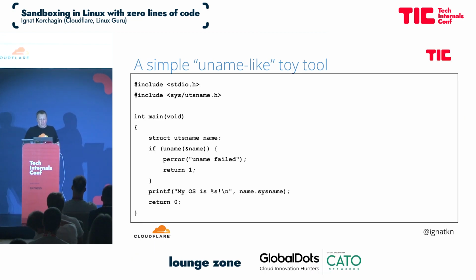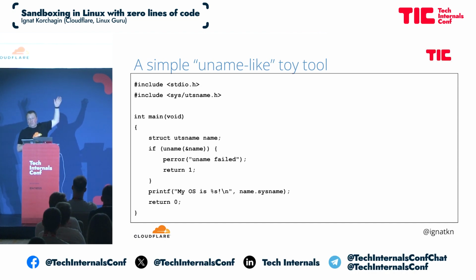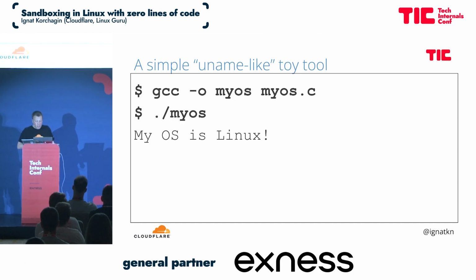So as an example, let's try to rewrite this tool, and write a simple uname-like toy tool. It's a complete program. You can copy, paste, and compile it. And what it does is basically two things. It issues a system call called uname to the kernel, gets a name from the kernel, and prints it to the user. If you compile this application, you will see something like that.